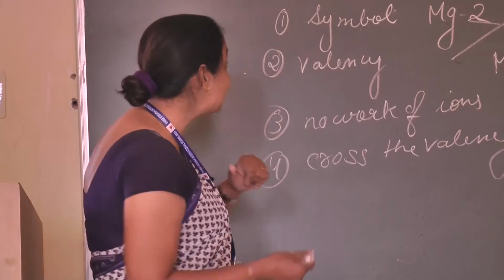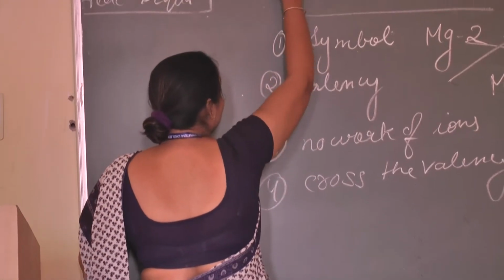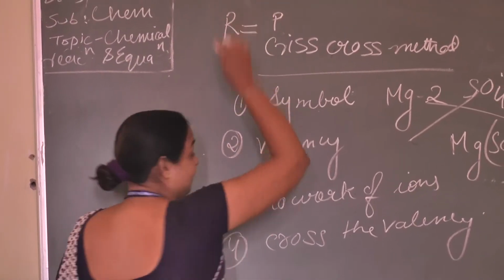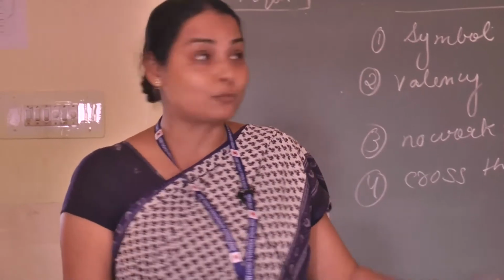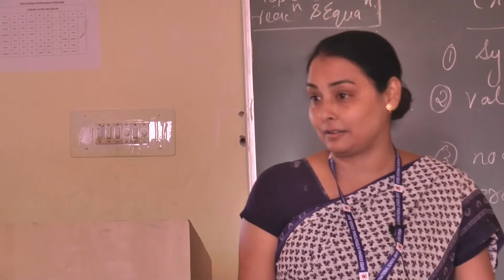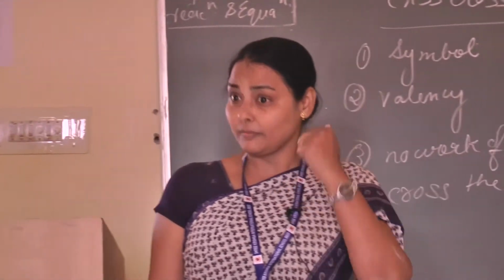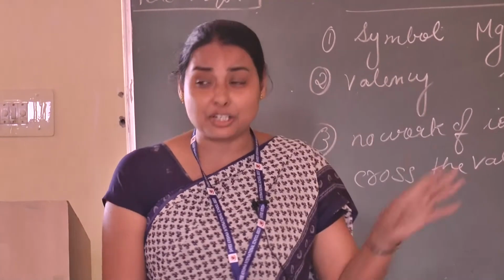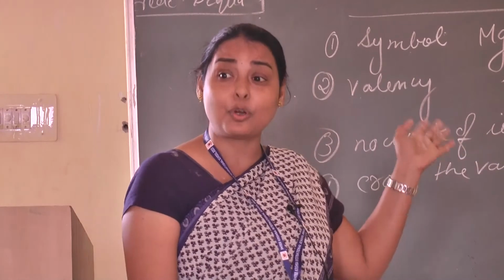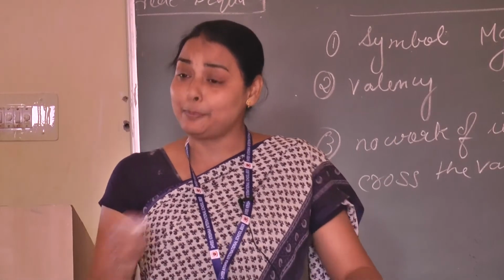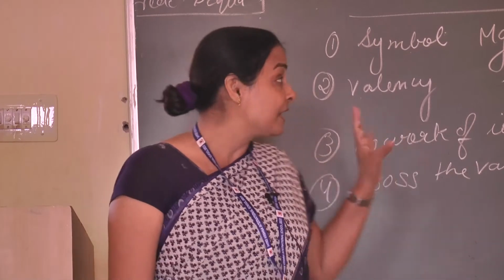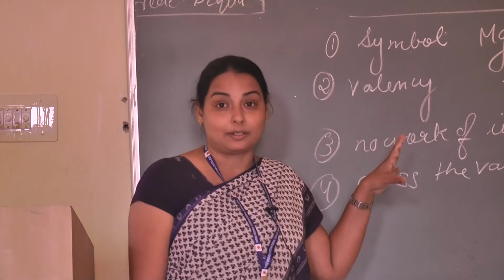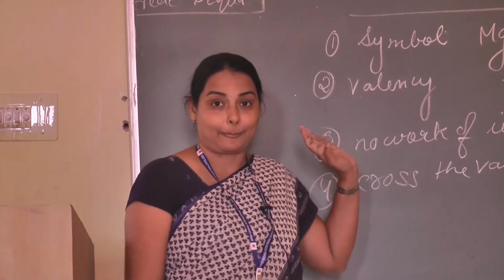So balancing an equation means reactants will always be equal to products. If in the reactant I am taking 10 molecules of sodium, then in the product also I need that. If you have magnesium sulfate, calcium chloride in the reactant, I also need them in the product, 10 and 12, right. So this way we have to go through this chapter, clear?